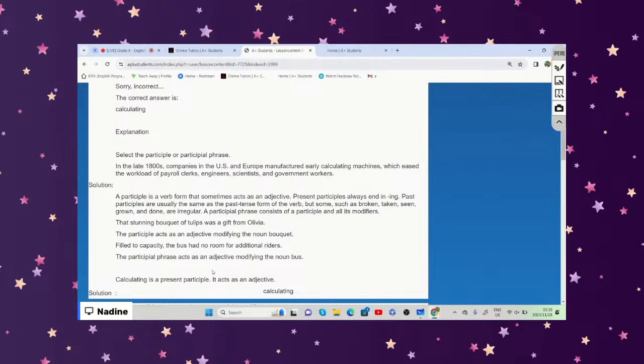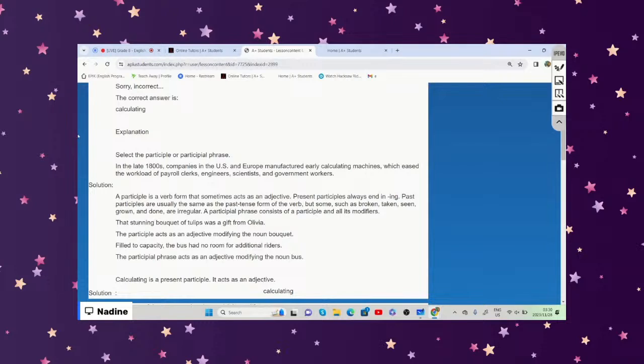And the present participle always ends in ing. Then we also have past participles that are usually the same as the past tense form of the verb. But some are irregular.